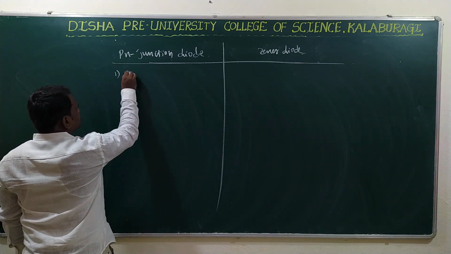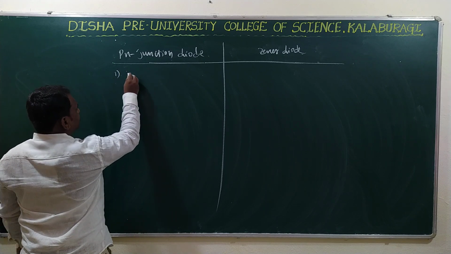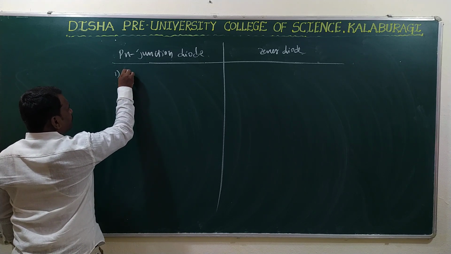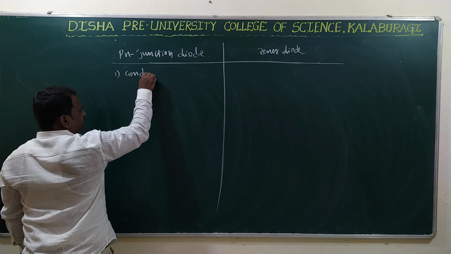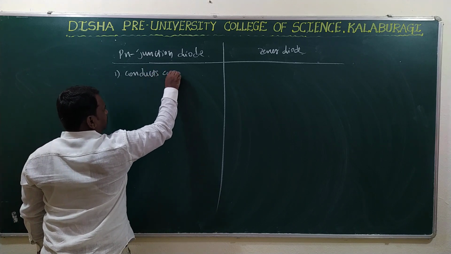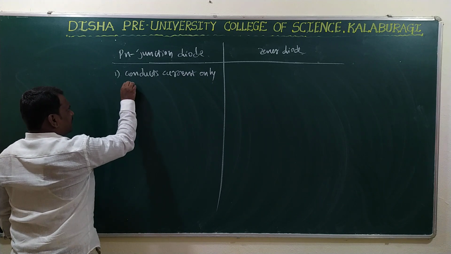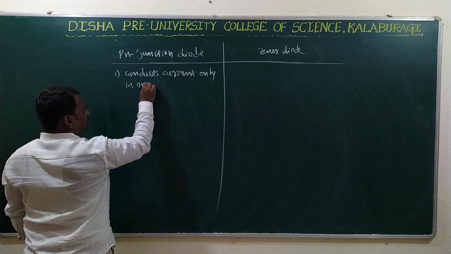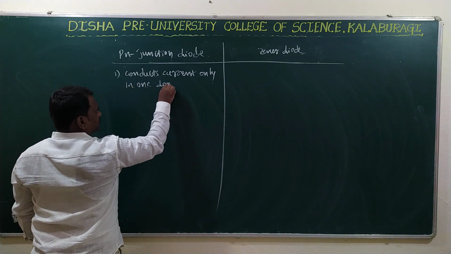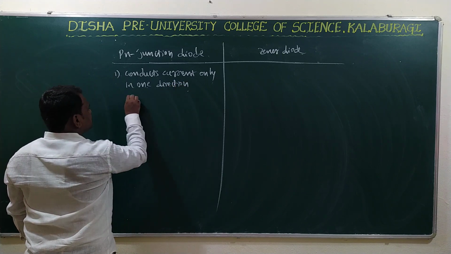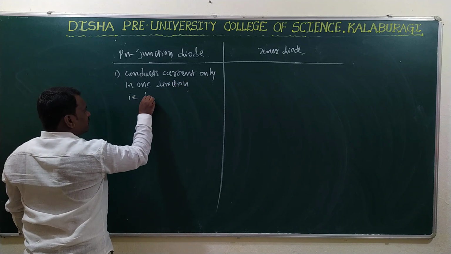For the first difference, the PN junction diode conducts current only in one direction. That is forward bias.